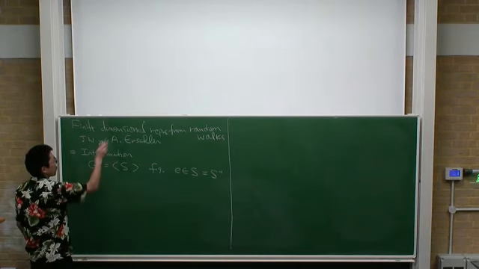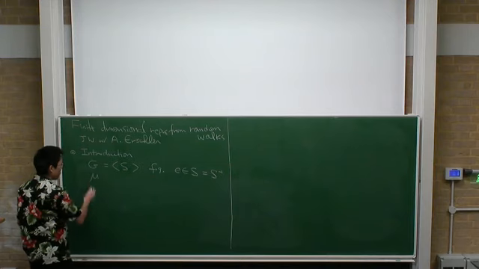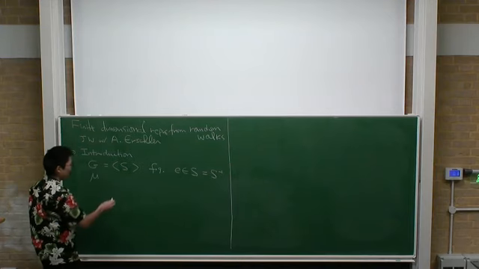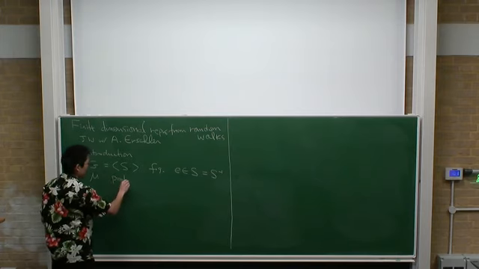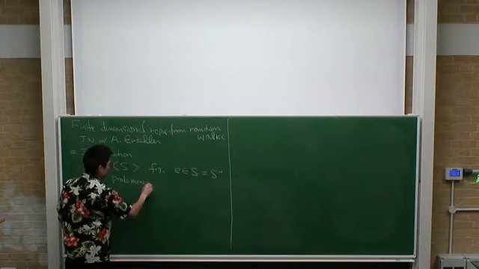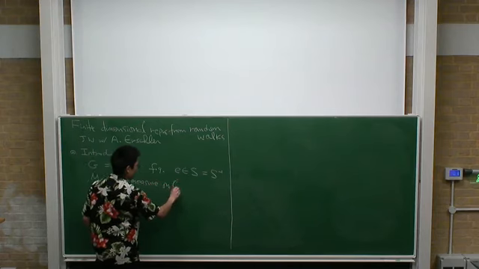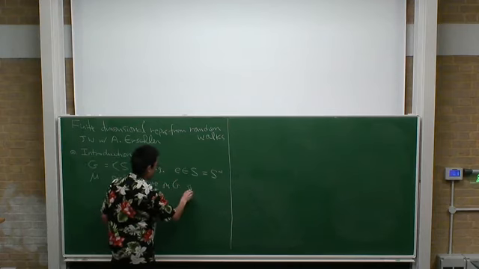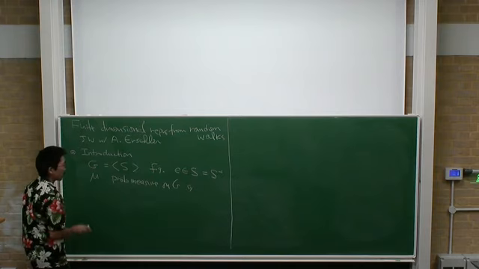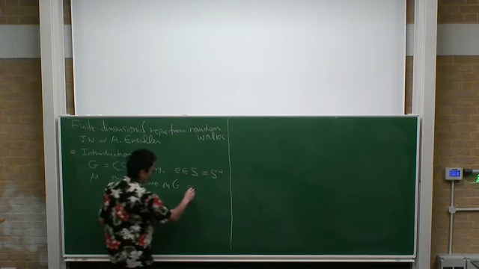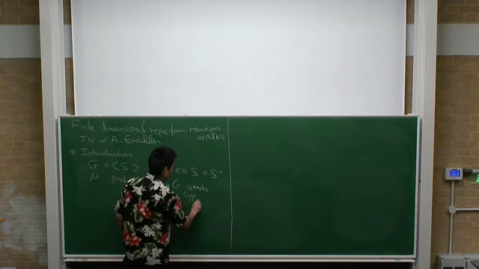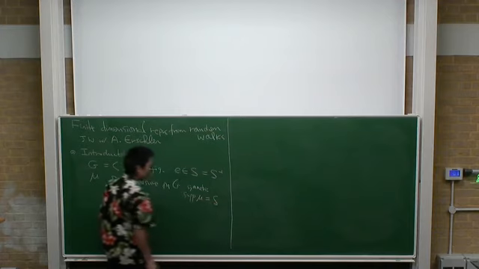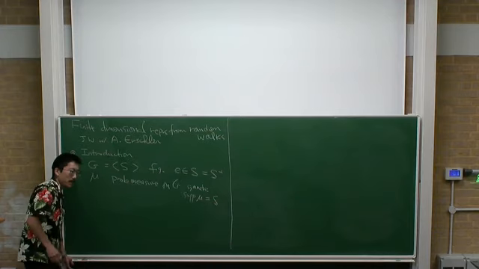And because I talk about random walks, I fix a probability measure mu on G, which is symmetric, so mu(x) has the same value as mu(x inverse). And the support of mu is S, that is, the support is finite and generates the group G.